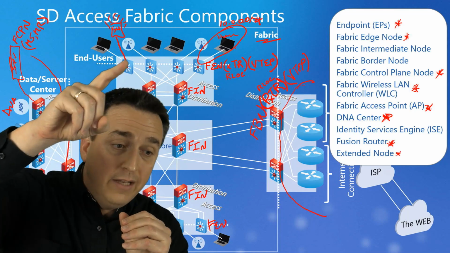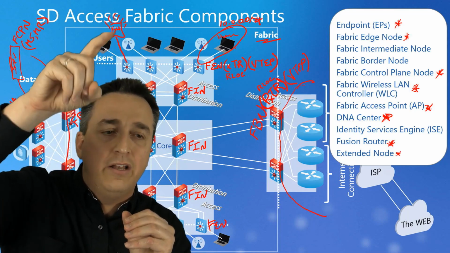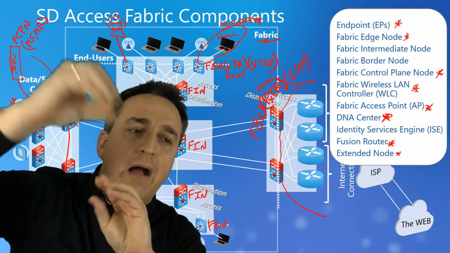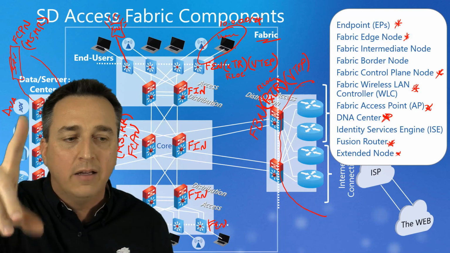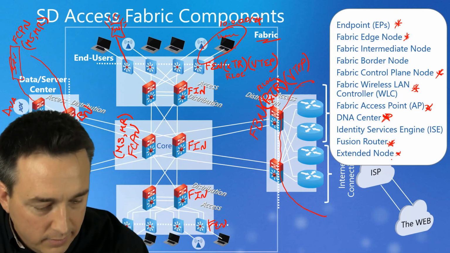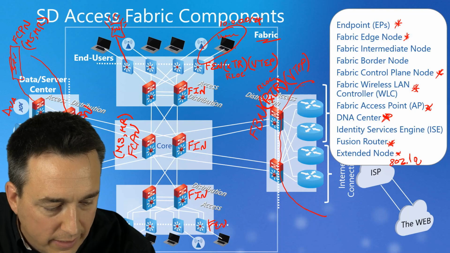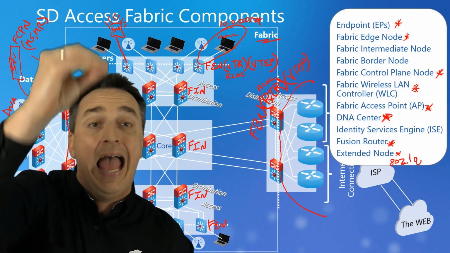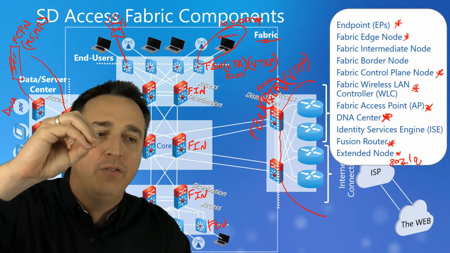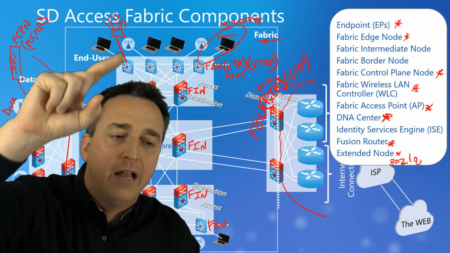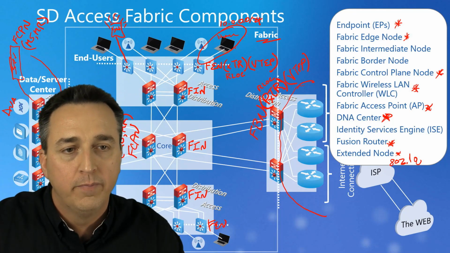So this one here would be the extended node that extends the fabric downstream to that non-fabric layer 2 switch. And how do we do that? Here's the key word: 802.1q. So using 802.1q tagging, we have the ability to extend that fabric downstream to that non-fabric layer 2 switch.